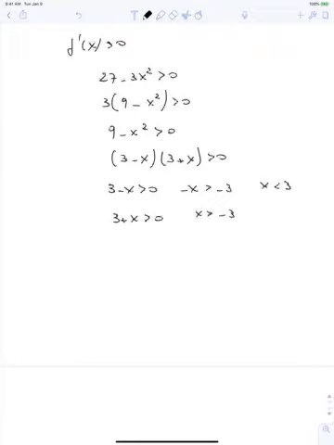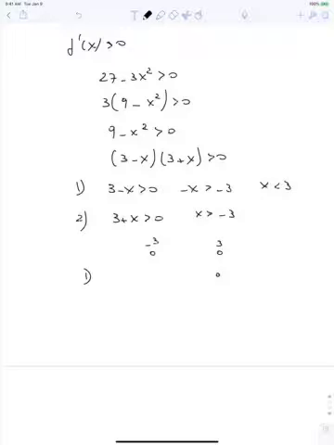So what we can do is simply study what happens for each of the components of the product. In the first case, I'm going to call this one 1 and this one 2. Well, in the first case, this element is positive when x is less than 3.